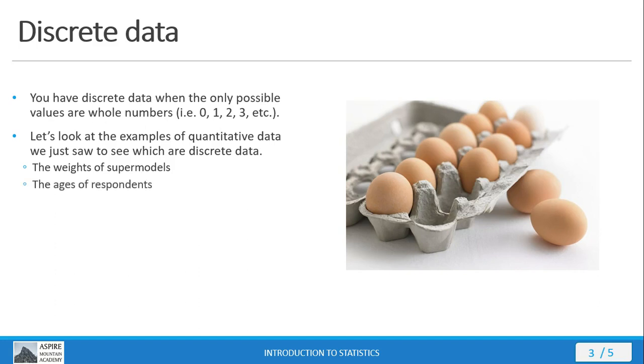The ages of respondents, likewise, would not be an example of discrete data. Typically, when you ask them how young they are, people respond with a whole number of years, but that's not how old they really are. Their age really has a certain number of months, weeks, and days, as well as years.